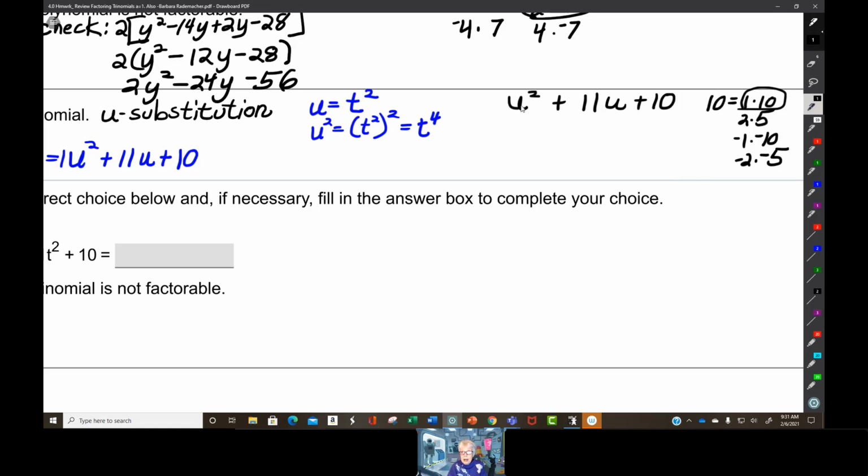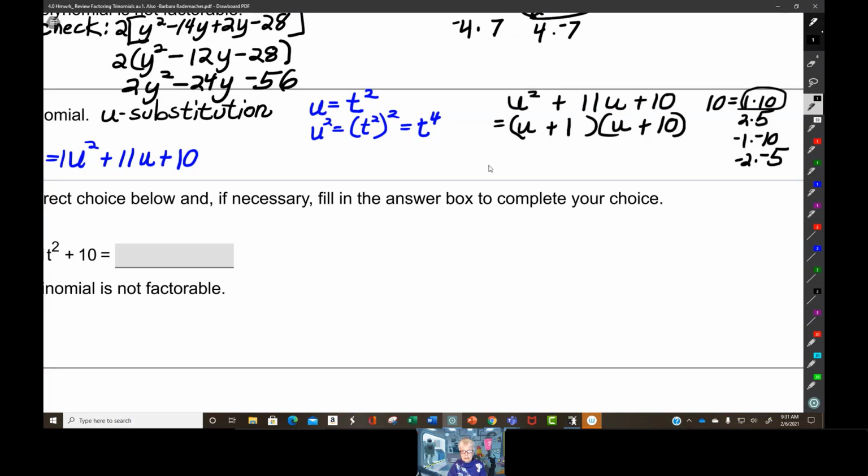So that means I'm going to factor this into u plus 1, u plus 10. And that's the factorization of this.